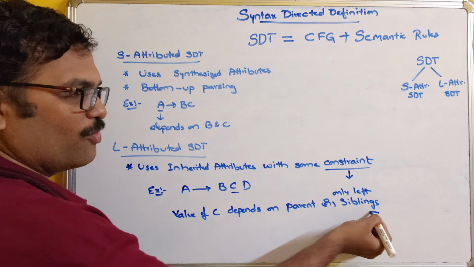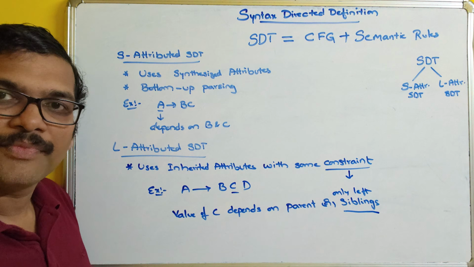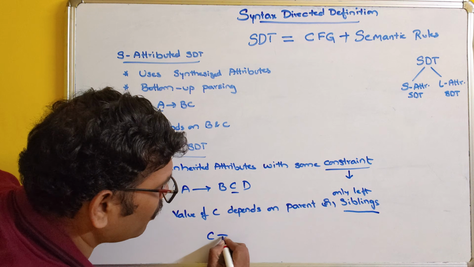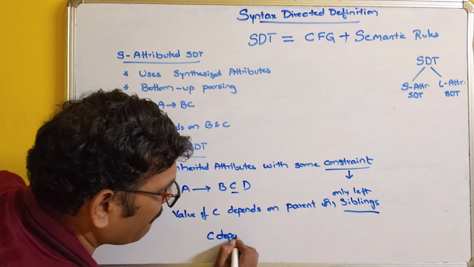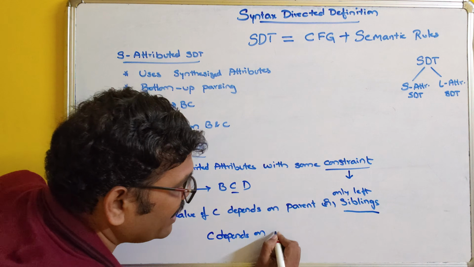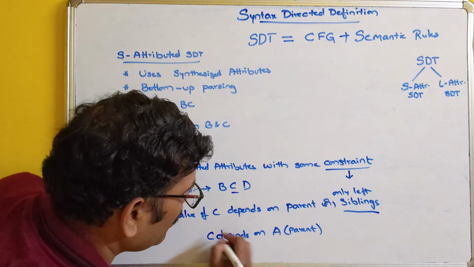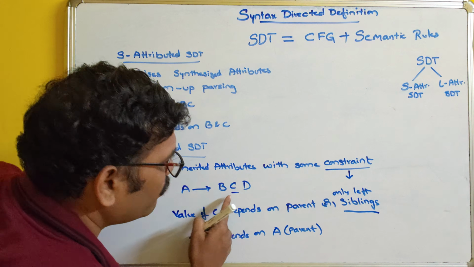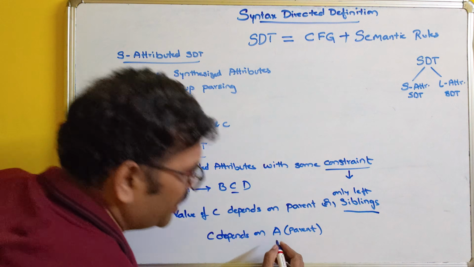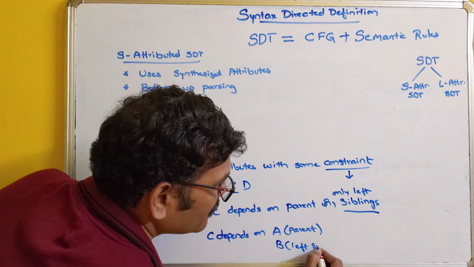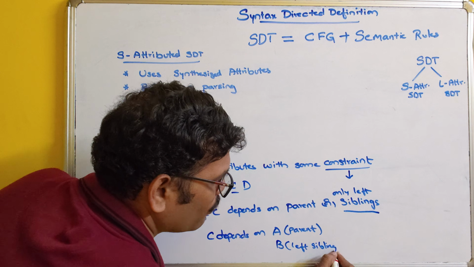So here C depends on A, the parent, and the left sibling of C, which is B. Only this one.